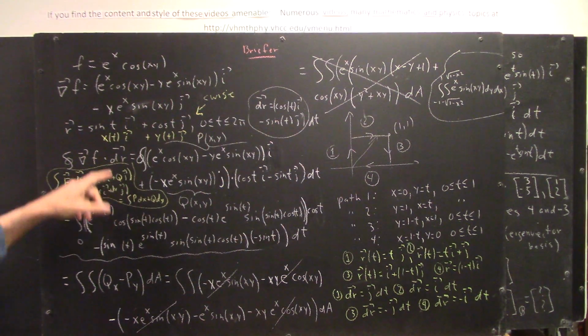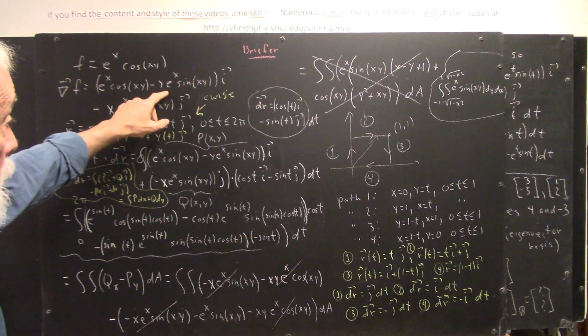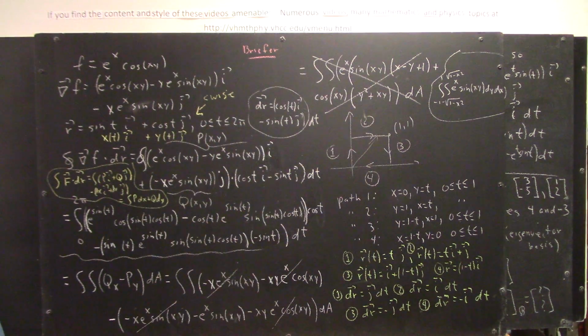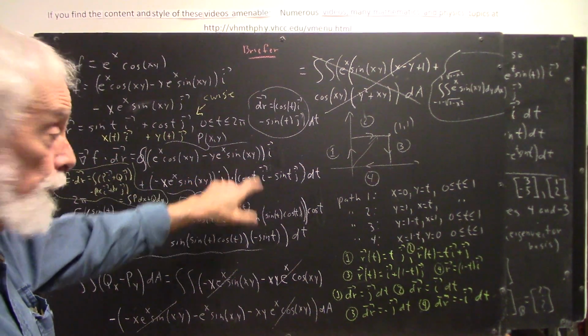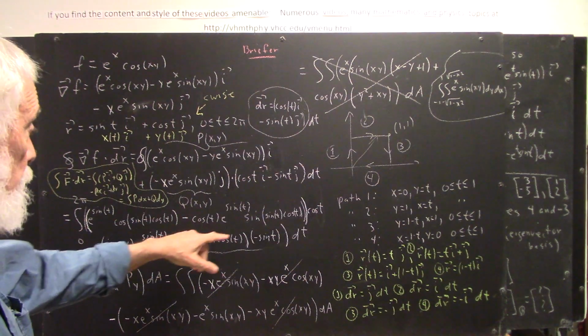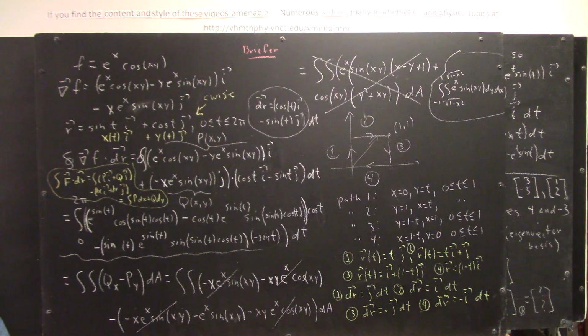So we're going to plug in sine t for every x, cosine t for every y, and this is what we're going to get. Now I've written the del f dot dr here without doing those substitutions, and then I've written it out here having done the dot product with the substitutions.